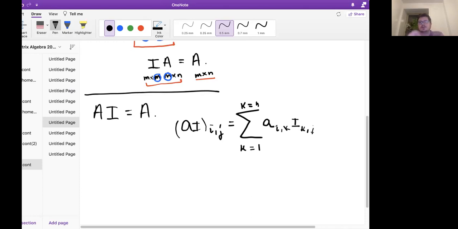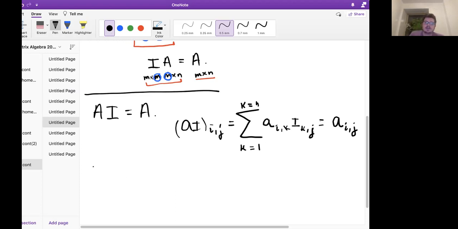All right. So by the definition of the identity, what must this whole sum equal? So what is the entry (AI)_ij? It should equal what entry? A_ij. So let's think about the sum. Let's write it out longhand.